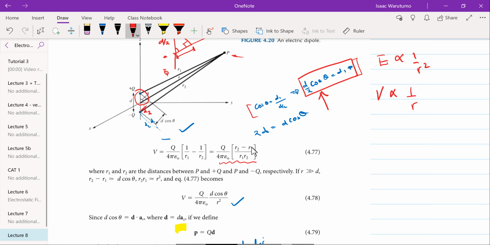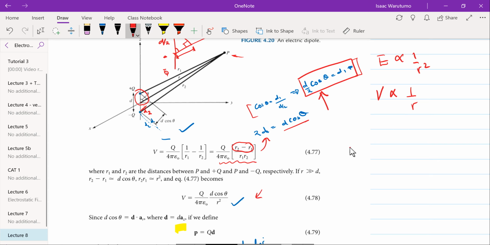But since what we are interested in is this factor that we have evaluated here, which we said is equal to d cos theta, when we replace r2 minus r1 with that function, we are able to generate this equation 478.